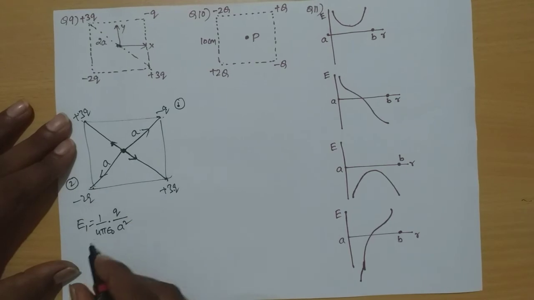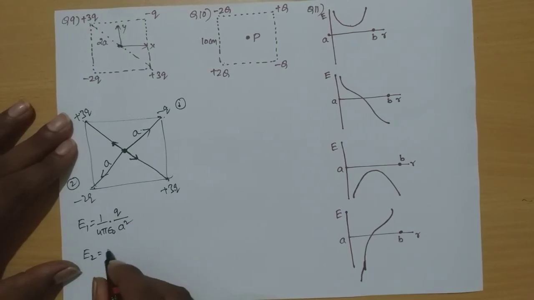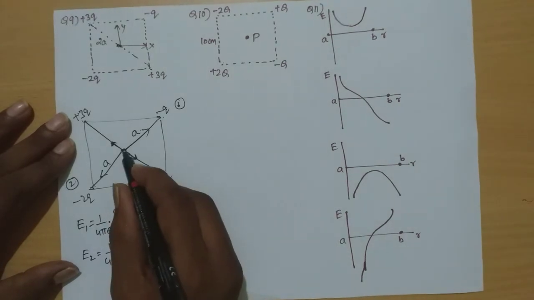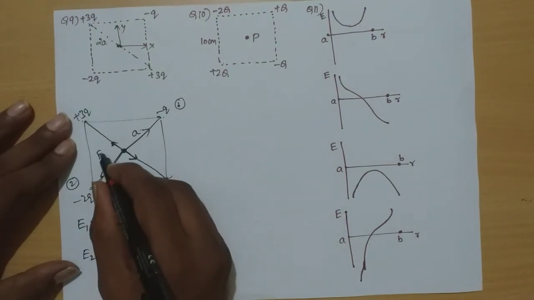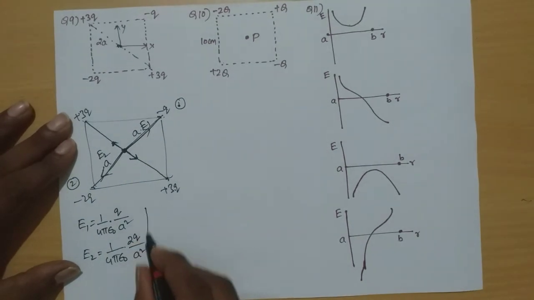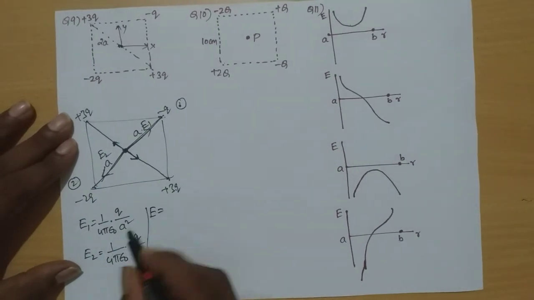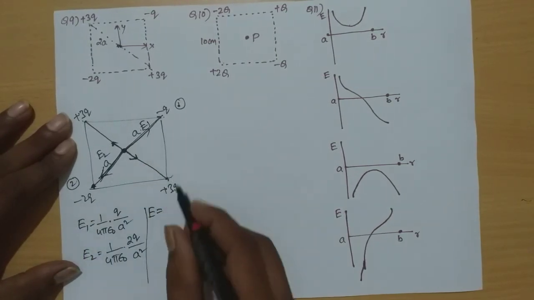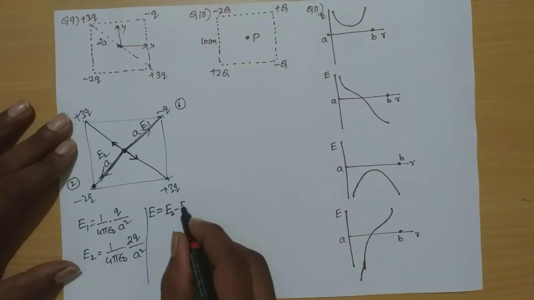Same way here also, the electric field E2 equals 1 by 4 pi epsilon naught, the source charge is 2q, and the distance from here to here is a, so a square. Now the electric field direction is in this direction, this is E2. The electric field in this direction is E1. So the net electric field is in this direction only, since the charge magnitude on this side is more, that means E2 minus E1.